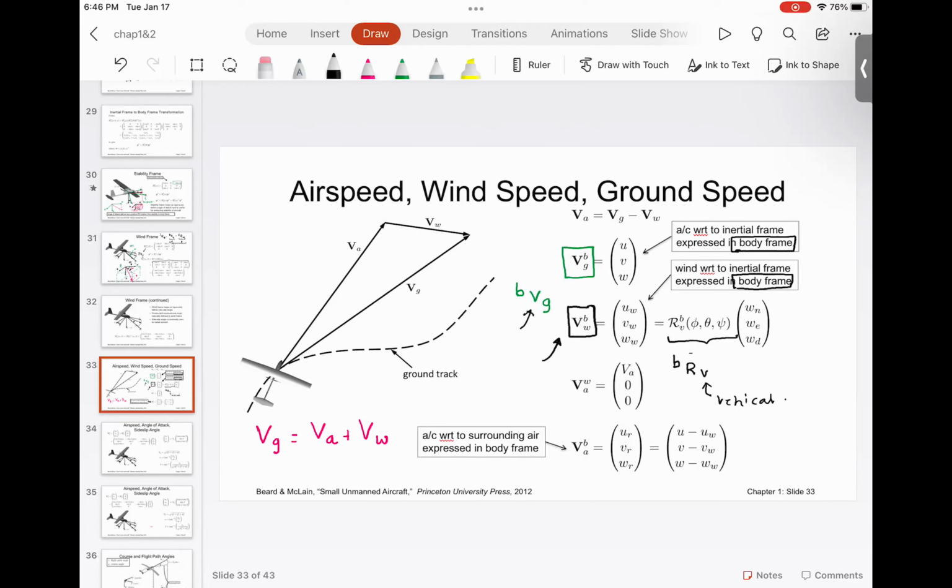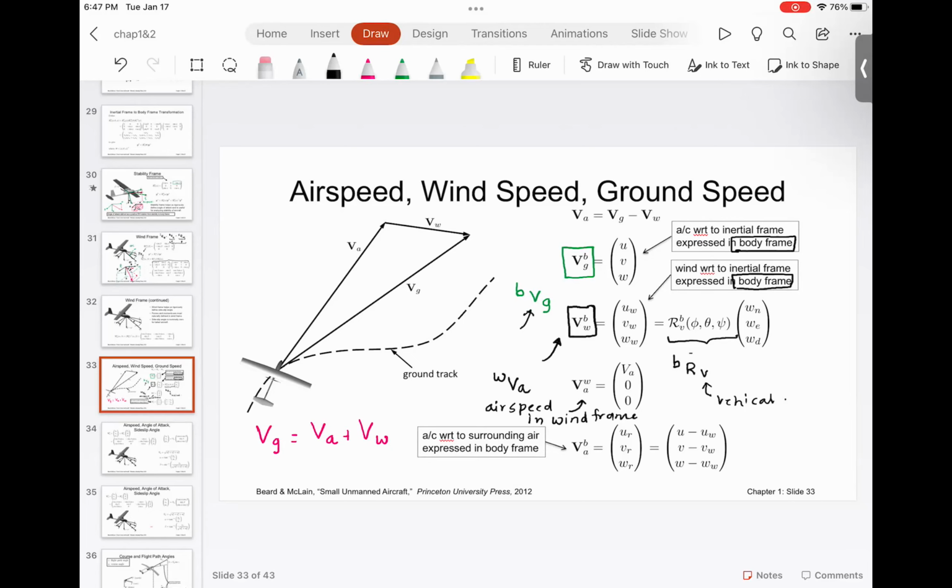Now, what I want to do is define the airspeed in the wind frame. So this is airspeed in the wind frame.